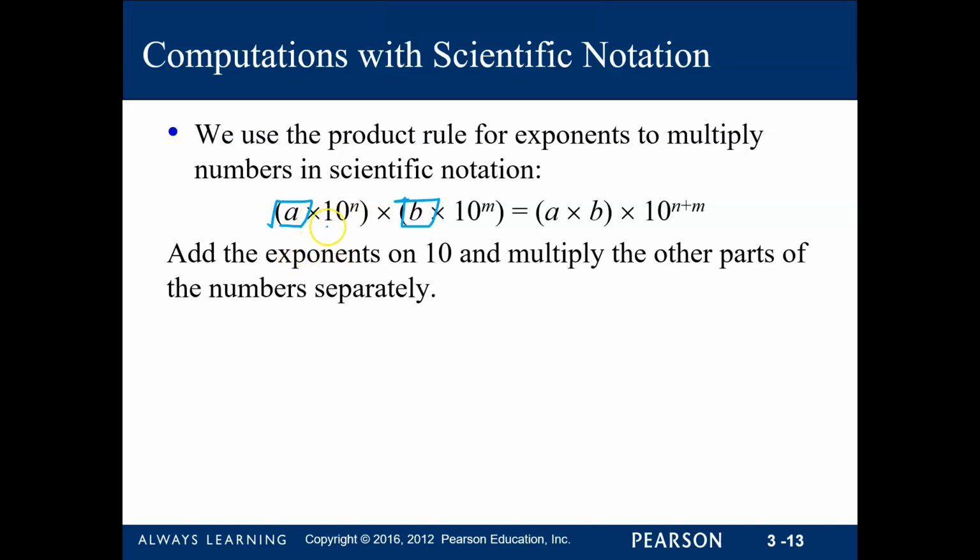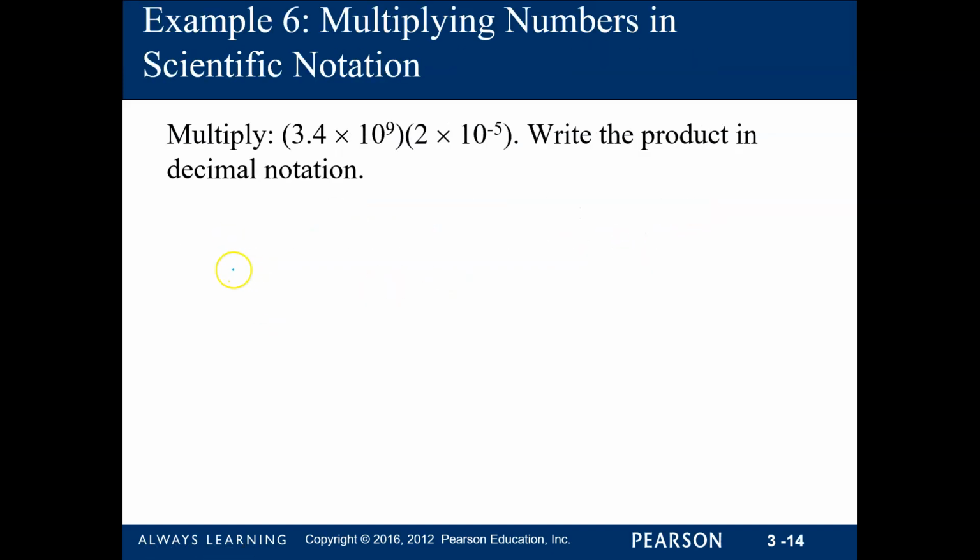If we have the same base 10, all we need to do is add the exponents together. So for example, 3.4 times 10 to the 9th, we have to multiply it with 2 times 10 to the negative 5. So what we will do is multiply 3.4 and 2. So 3.4 times 2 is going to be 6.8.